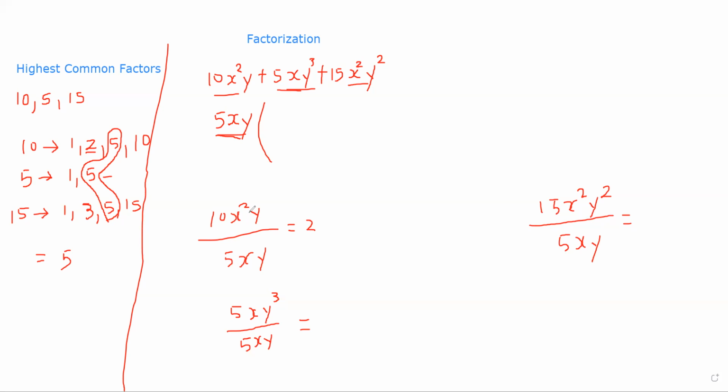So you're left with 1x at the top. And the y and y cancel out each other because it's 1y. So basically what we are left with is an x. So it can be 2x.